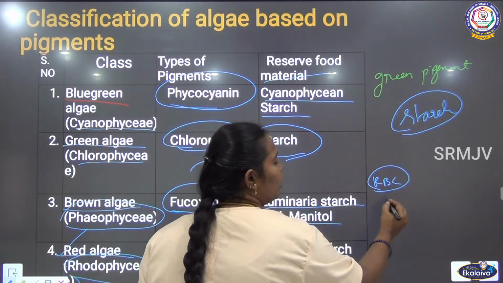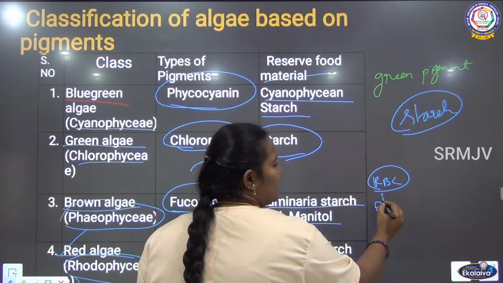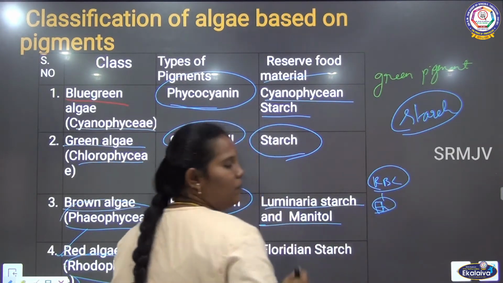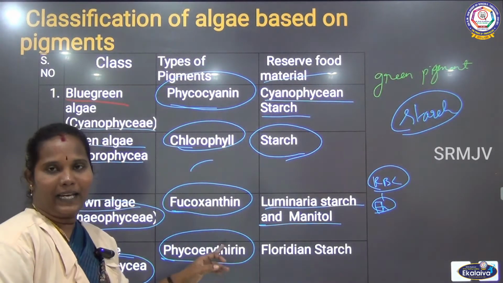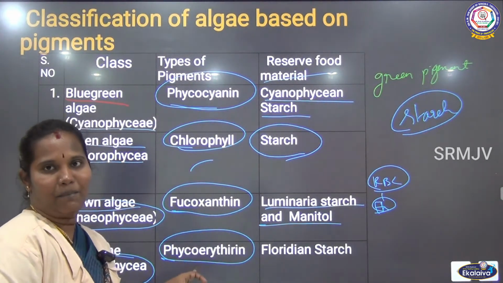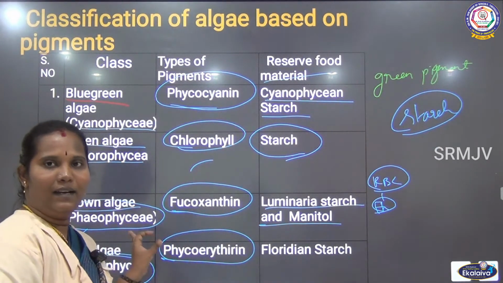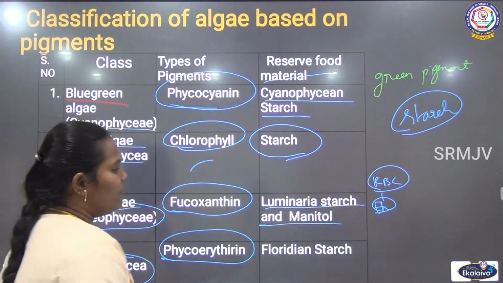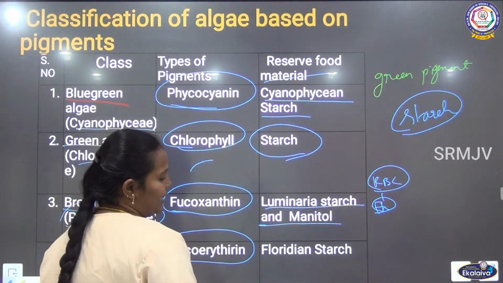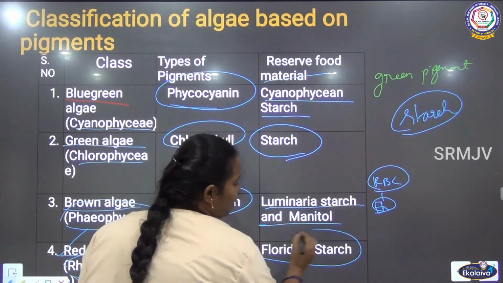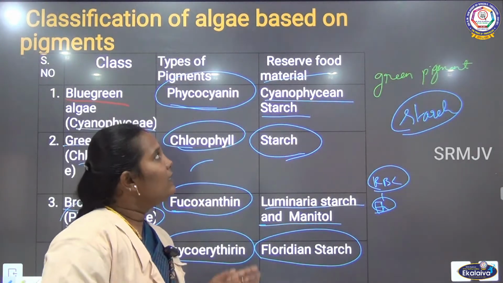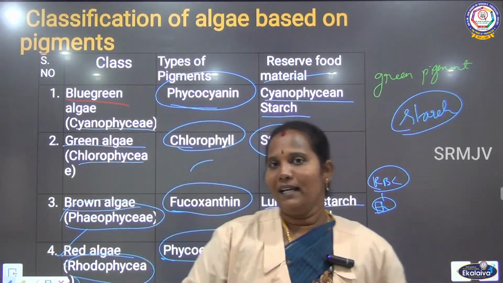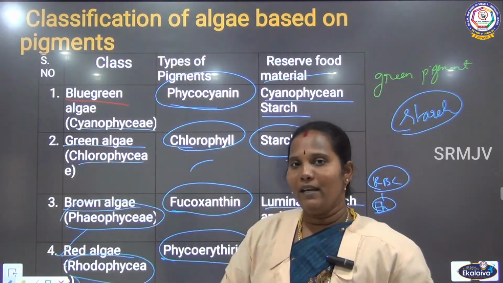It is also called erythrin. So red means erythrin. So phycoerythrin has the red color pigment. That's why they look red. The reserved food material is floridean starch. This is the 4 types of algae based on their pigments.